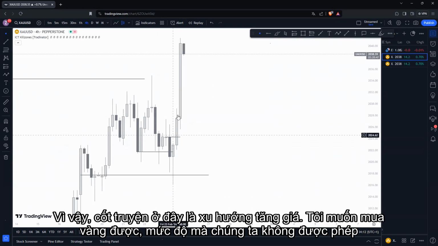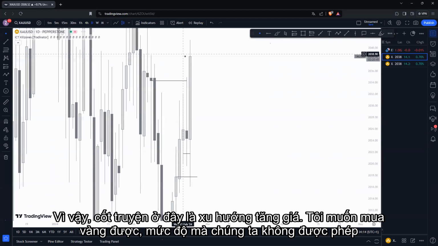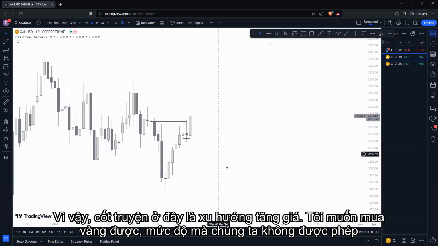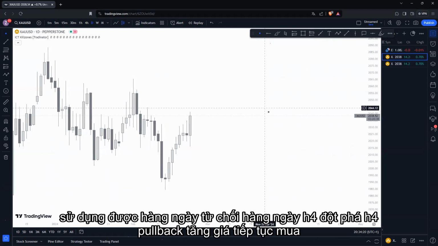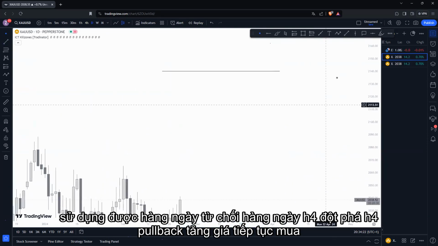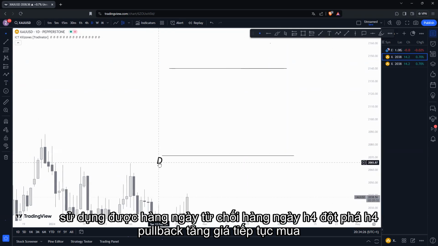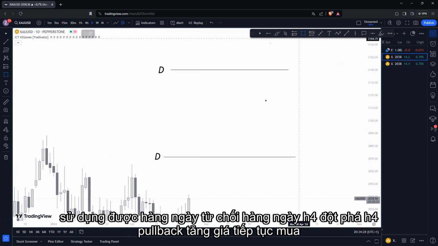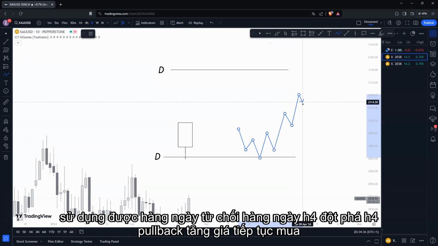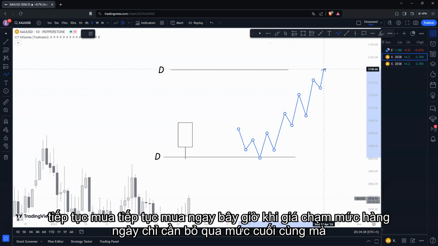So here, the storyline is bullish. Guys, I would want to take buys on gold. Daily reject daily, H4 breakout, H4 pullback, bullish storyline, continuation buy, continuation buy, continuation buy.